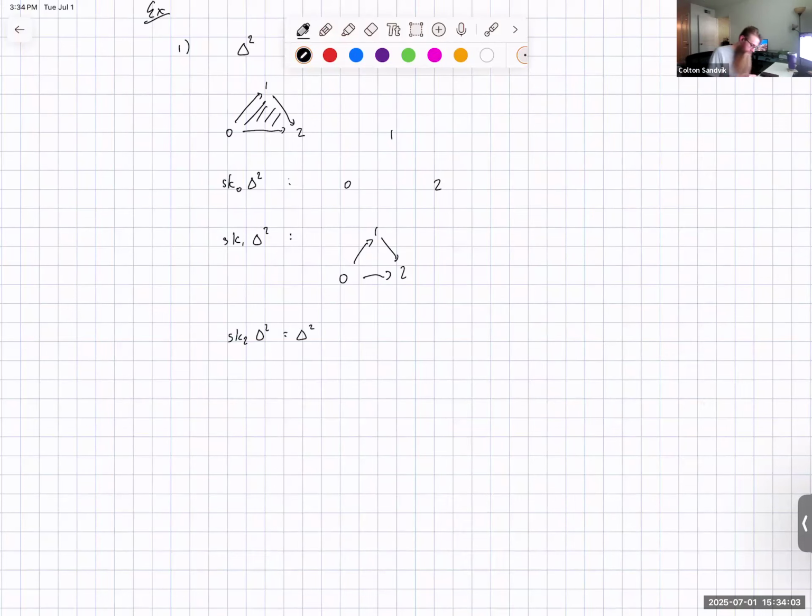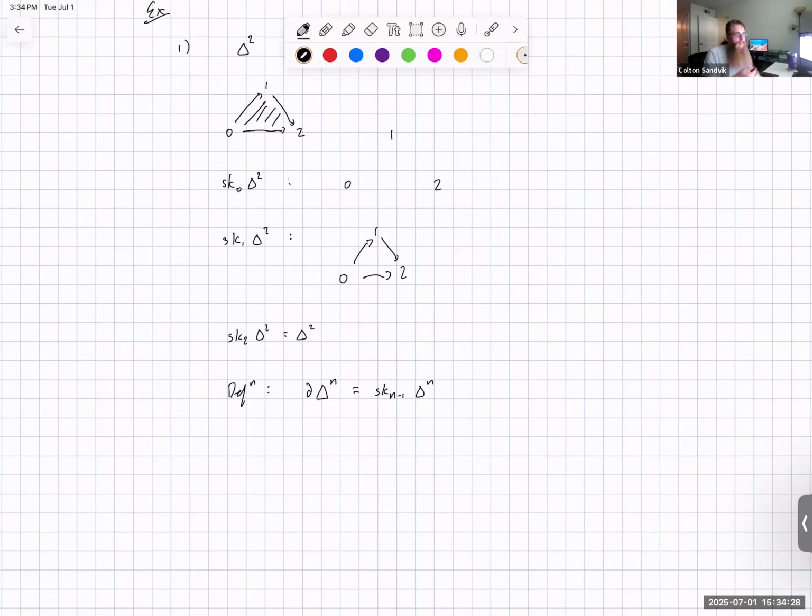And I guess this also partly motivates this definition: if we want to talk about the boundary of an n simplex, all this is the n minus one skeleton. So it's what we get by throwing away that n face.